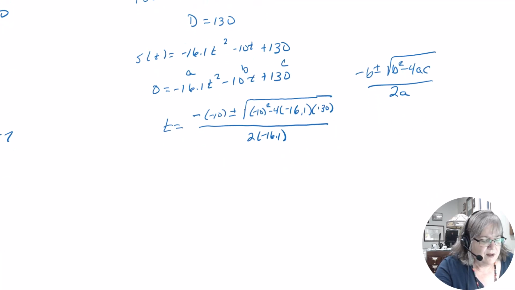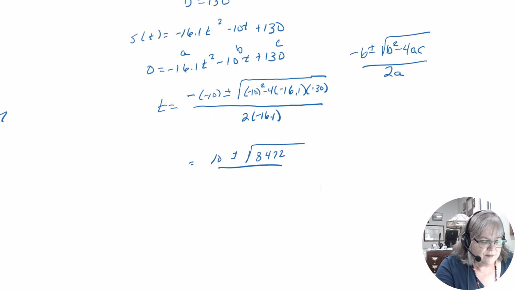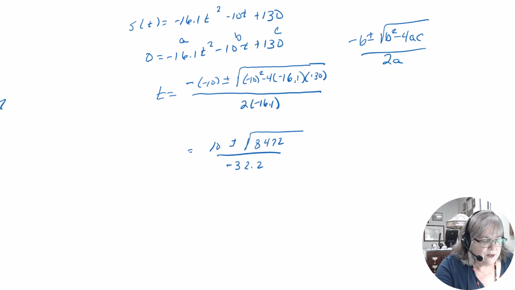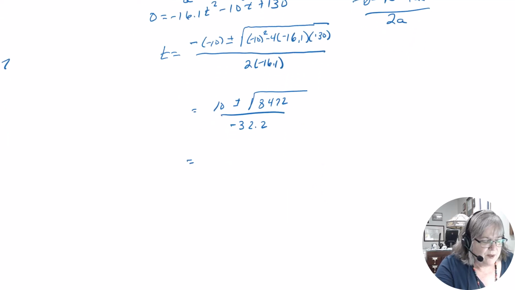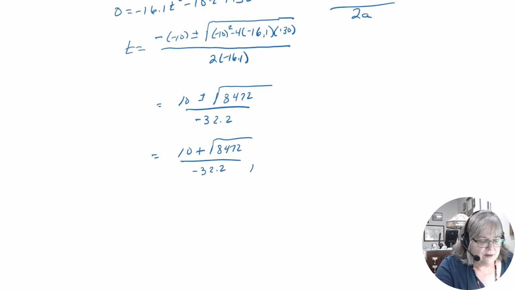Okay? So cleaning this up a little at a time, you have 10 plus or minus the square root of 8472 over negative 32.2. So this would be 10 plus the square root of 8472 over negative 32.2, or 10 minus the square root of 8472 over negative 32.2.